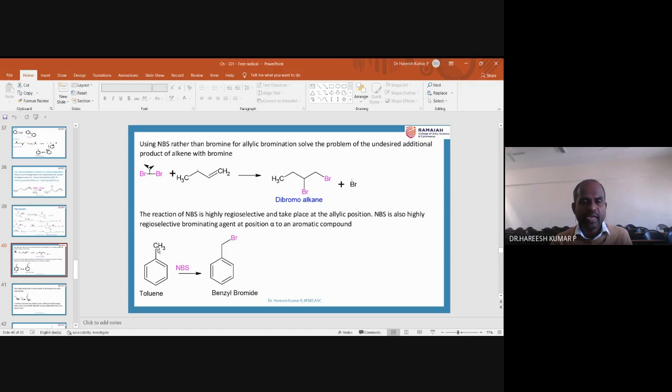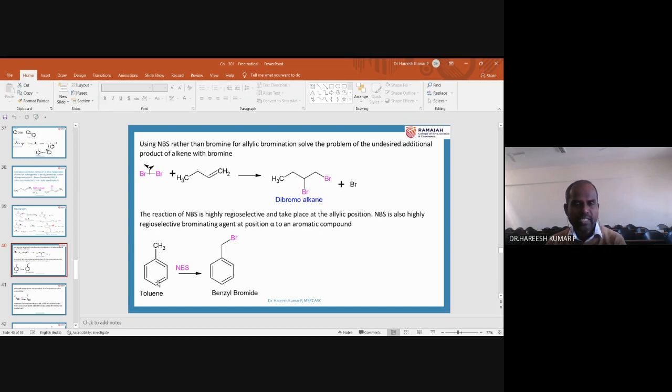The methyl proton in toluene is allylic, but since the CH3 group is attached to a benzene ring, we call it a benzylic proton.